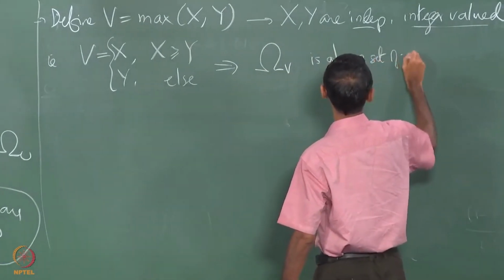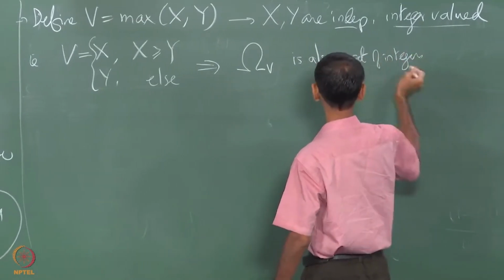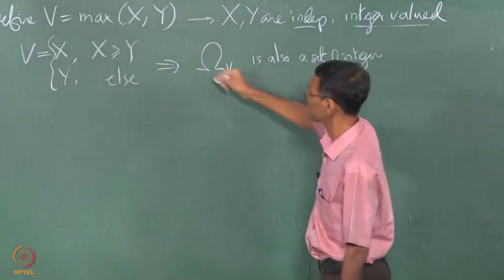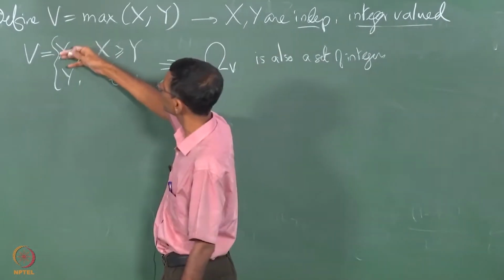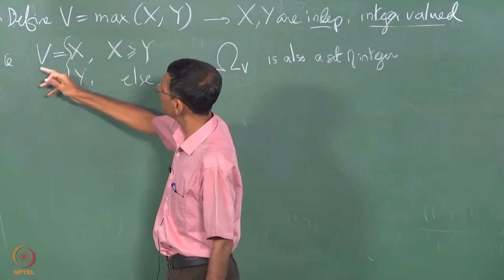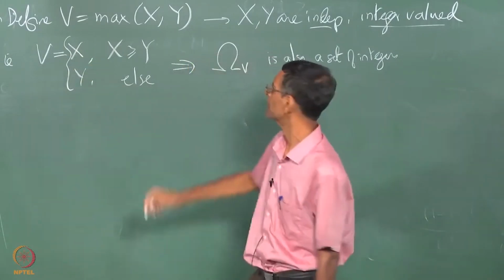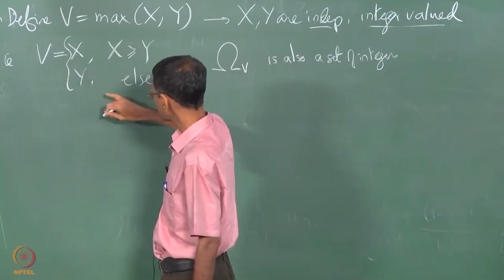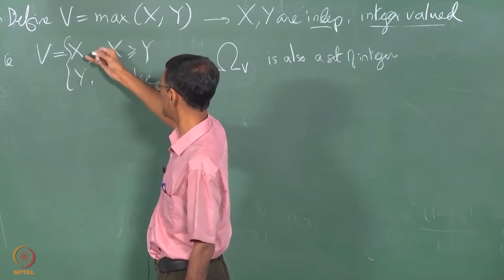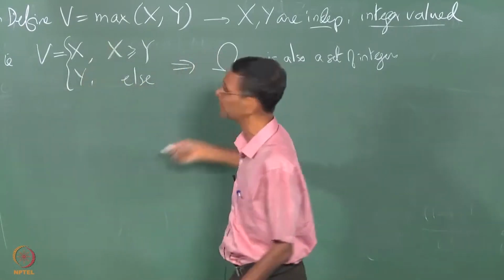Now, not the full set or the subset. So the minimum value of v is the minimum value of either x or y. What would you say it is? If both x and y start from 0, then the minimum can be 0.